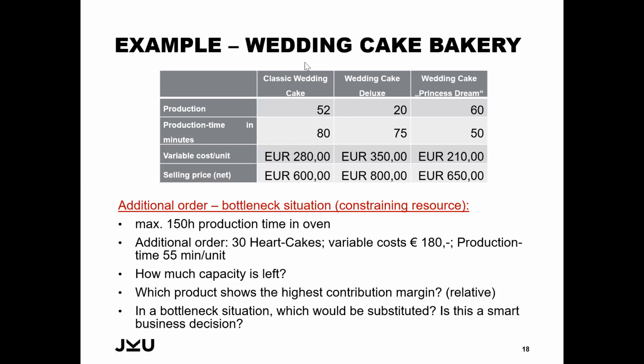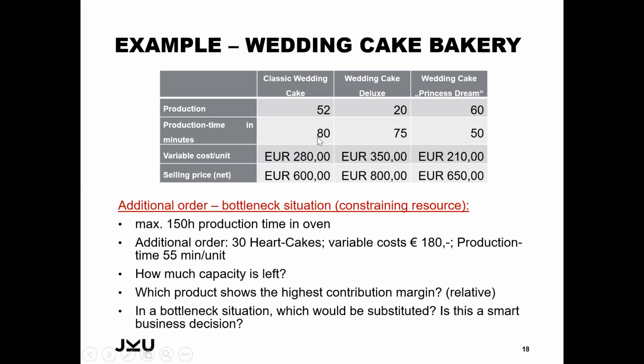We need to calculate our relative contribution margin. In this case, we have our variable costs, 280, 350, and 210 euros. And we have our selling price, which means we can quickly calculate our contribution margin, selling price minus variable costs. 600 minus 280 is 320, and so on.